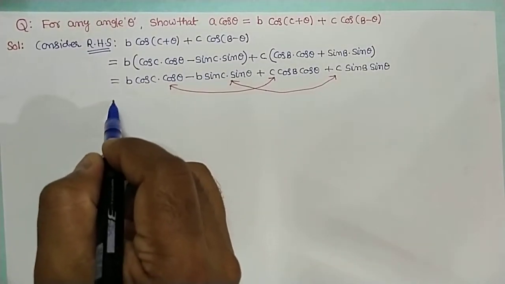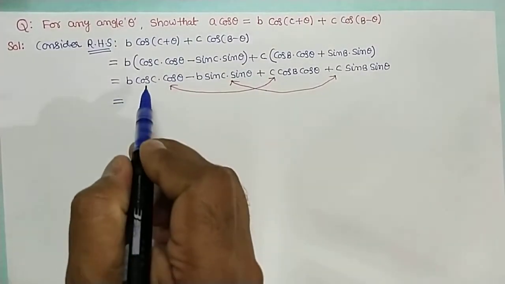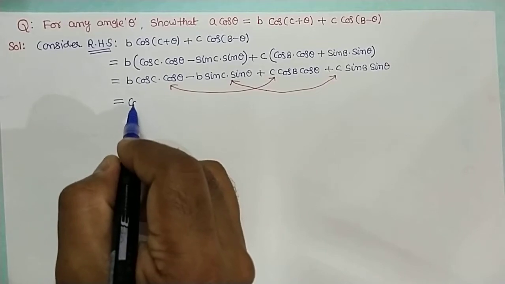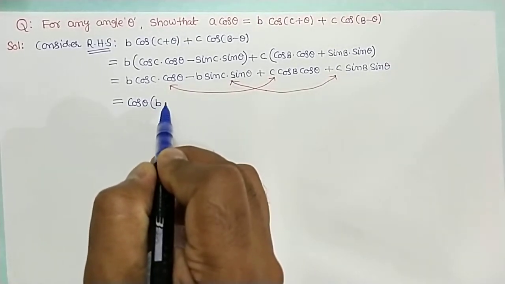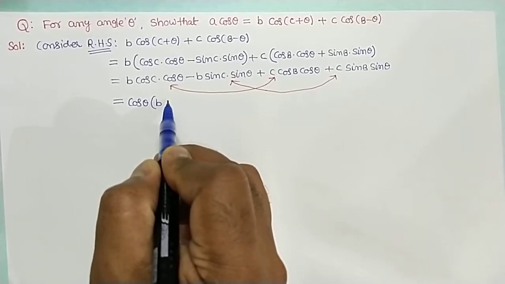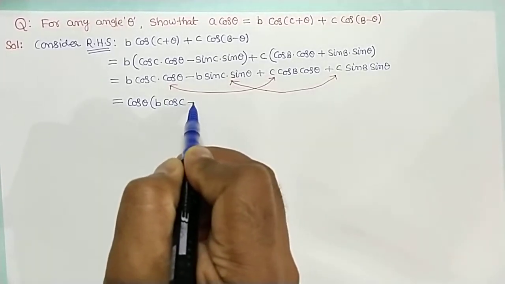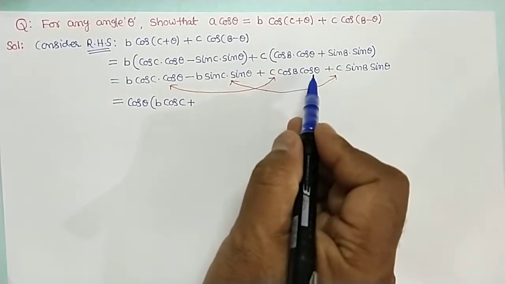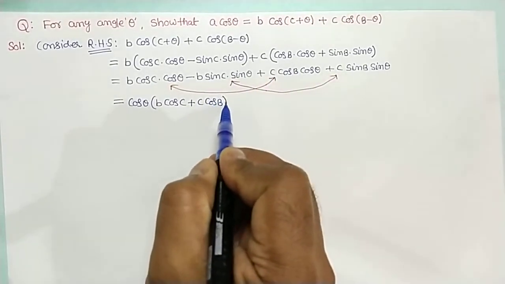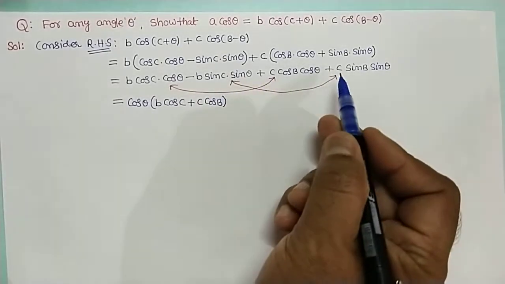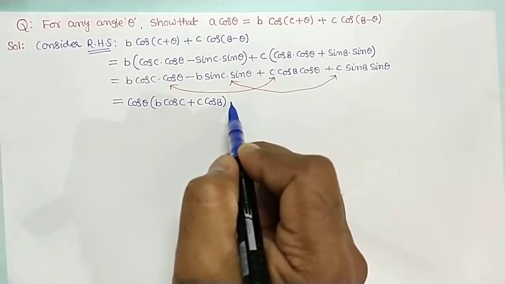Now I am taking common cos theta from first and third. So if you take out common cos theta from first and third, it will become cos theta into (b cos C plus, after taking common, c cos B). From these two, you have to take common sin theta.